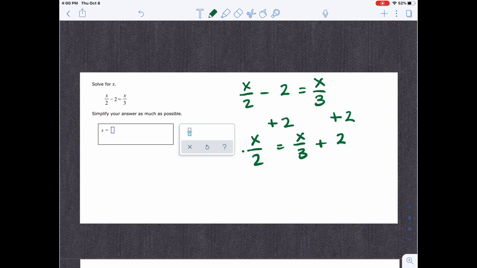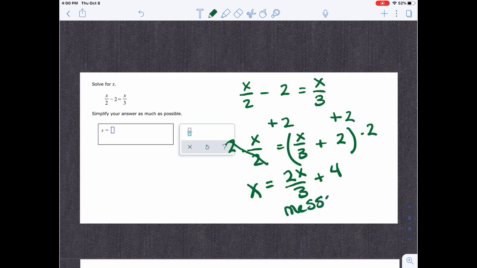Let's say we still refuse to do this. I'm multiplying by 2. We get x equals. Now, I have to multiply 2 times everything, so I have 2x over 3 plus 4. And this is getting ridiculous. So see how this is a messy way to do this.